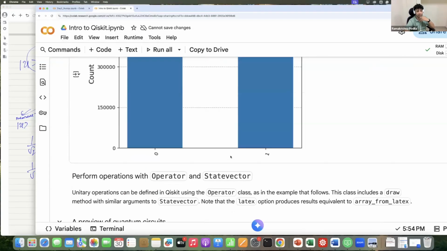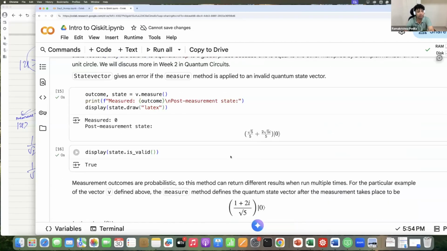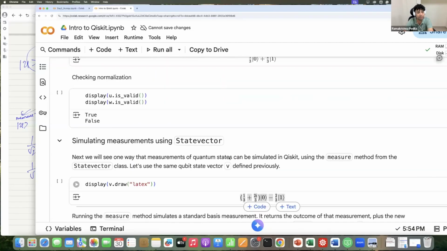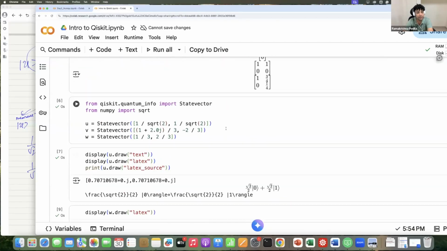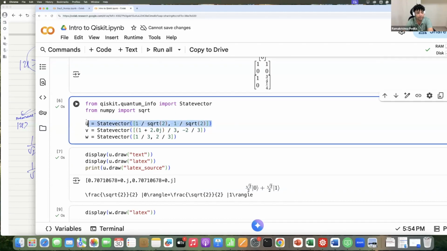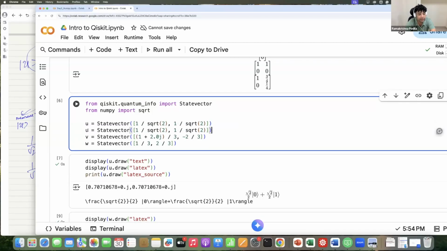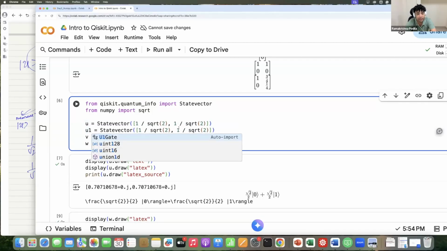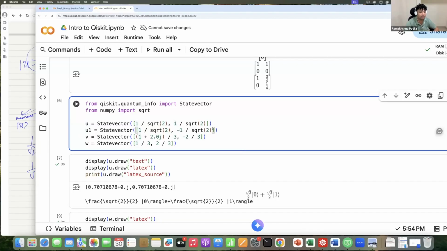So for example, we can check that out. We can go back up here and define another state vector. Command V. Let's call this U1 and let's make this minus, right? So I run this, right?